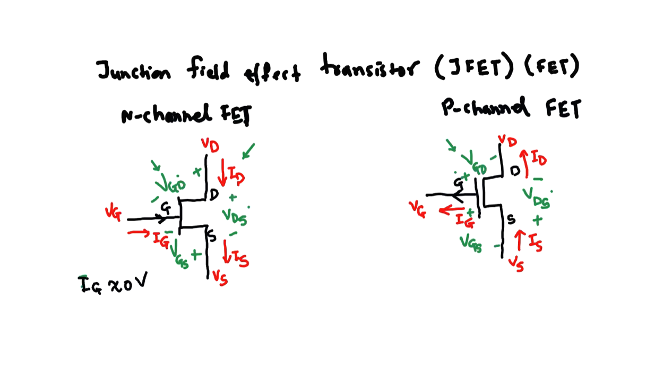Now you say ID is equal to IS. This is your drain current equal to the source current.